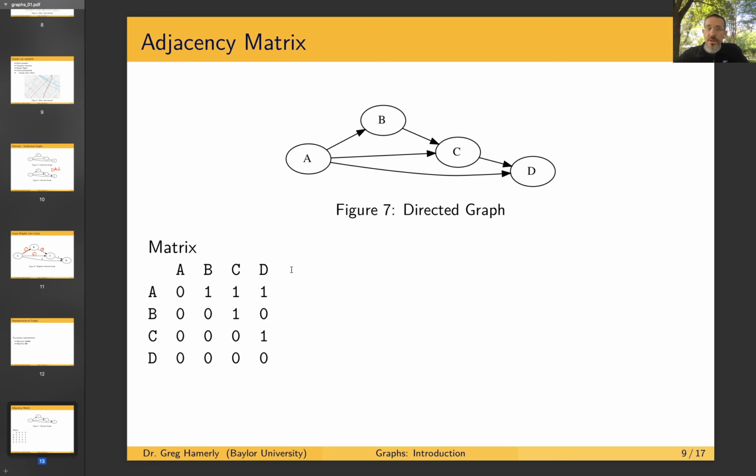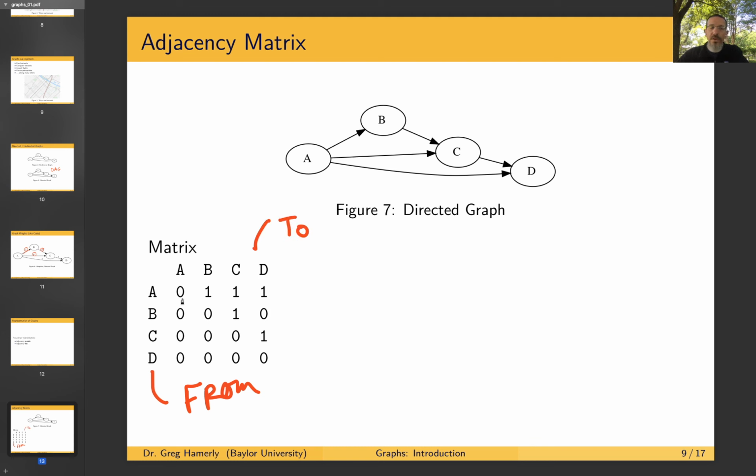The adjacency matrix representation is a matrix. So if our directed graph looks like this, our adjacency matrix would look like this. We think of this as the from, and this is the to.